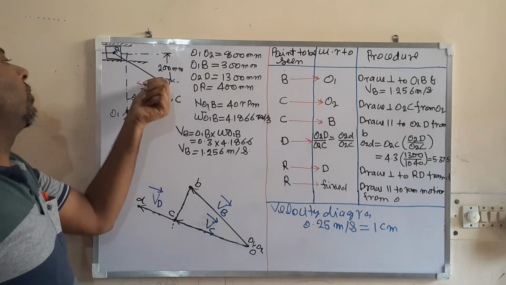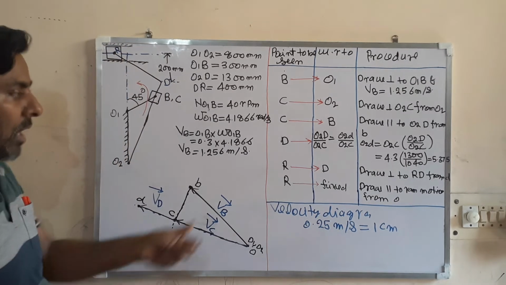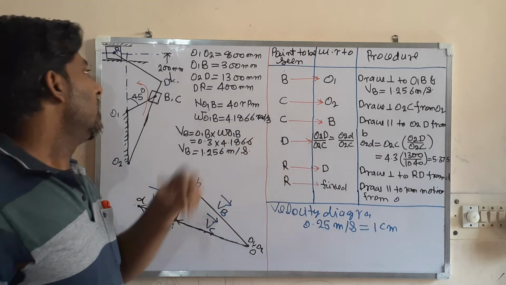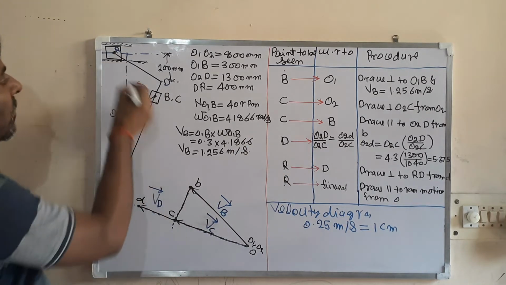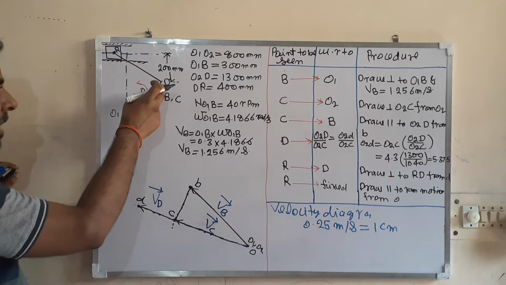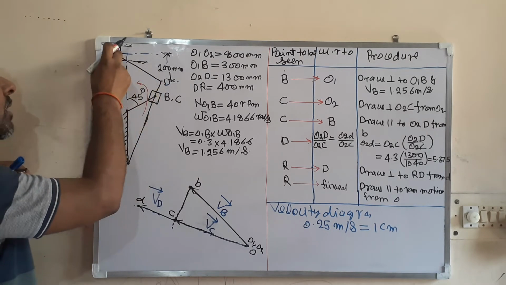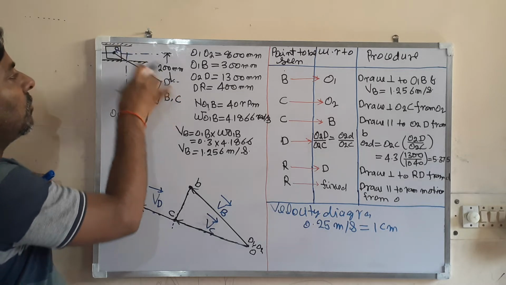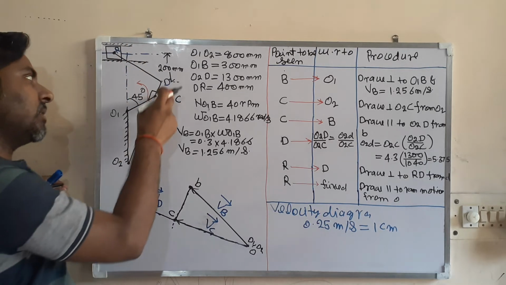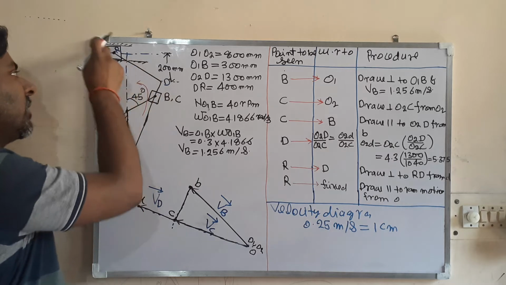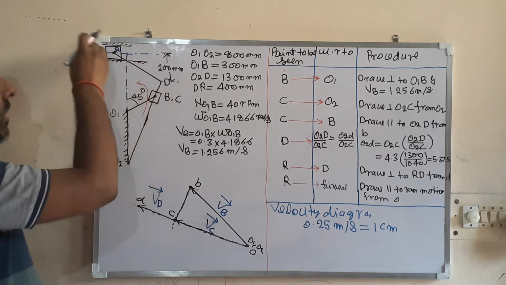Now you have to see the point R. Now I am going to look at the point R. So first I am looking at this point R from D. When you sit at D and look at R, then the velocity of point R will be perpendicular to RD. Okay, when you sit at D and look at R, what will be the velocity of R? Perpendicular to RD.